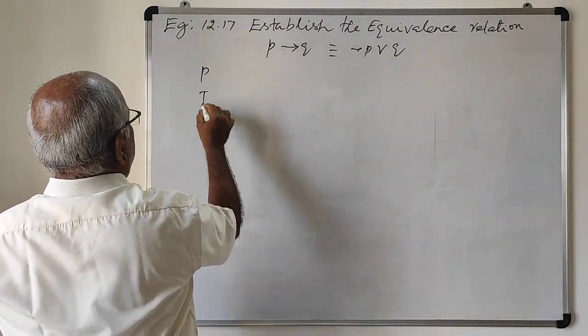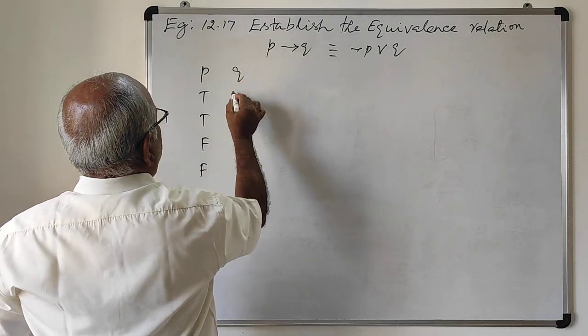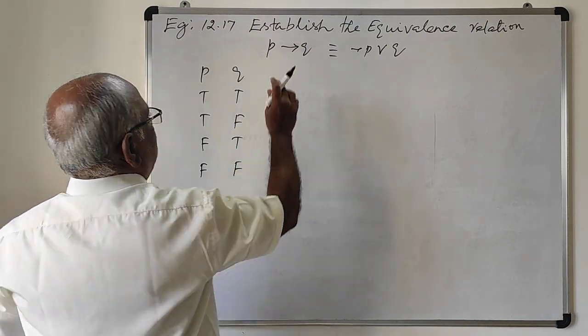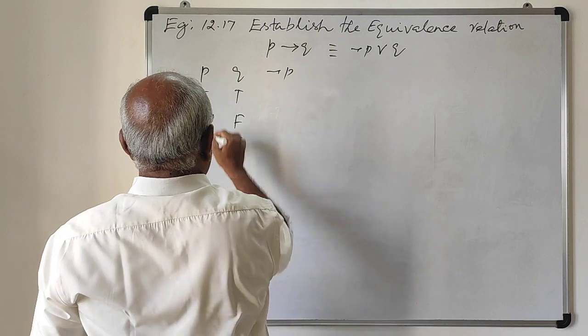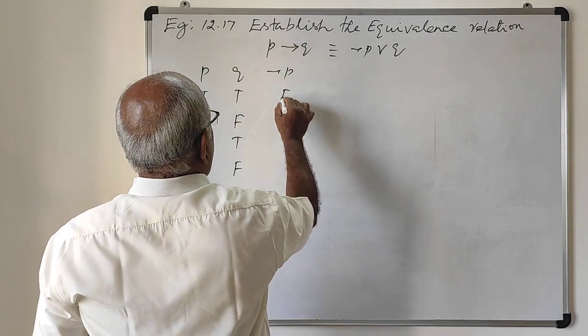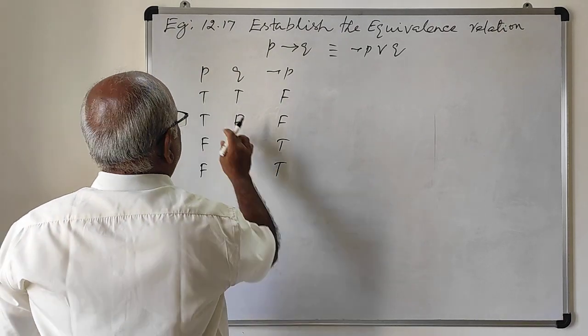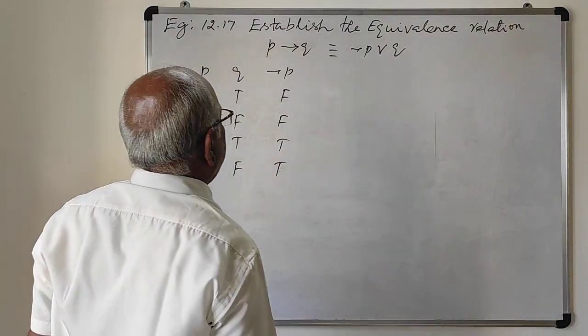So P is T, T, F, F and Q alternatively T, F, T, F. Next, negation P: negation of P, T, T, F, F are replaced by F, F, T, T. Negation P over.